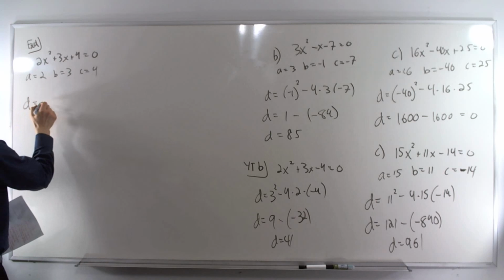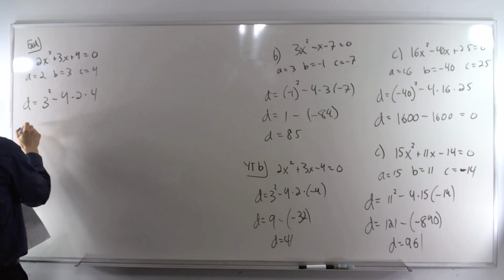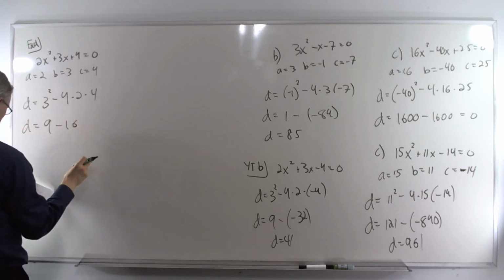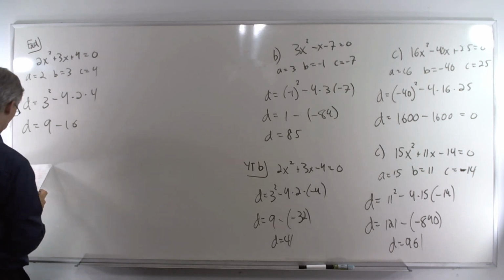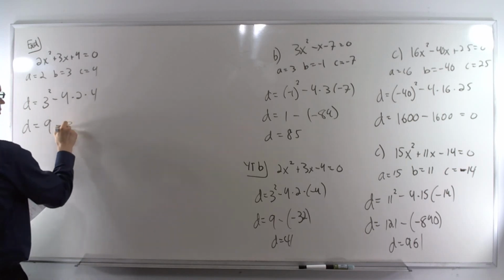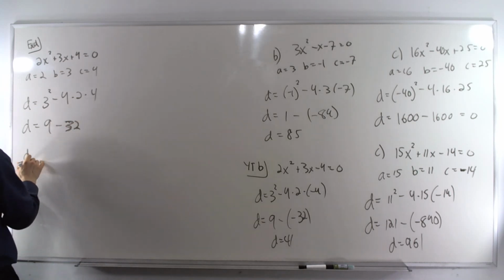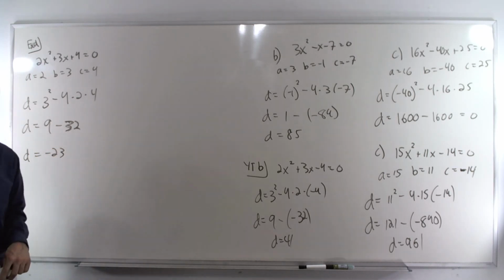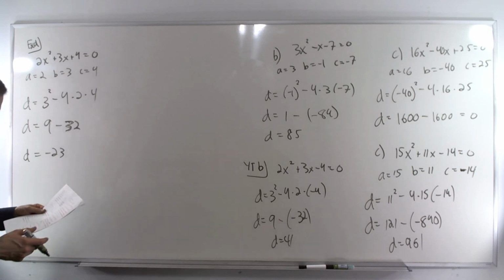So discriminant, we got 3 squared minus 4 times A times C. 4 times 8, 32. There we go. Okay, 9 minus 32. D is negative 23. We've got a negative discriminant. Therefore, we have two complex solutions, and we have to use the quadratic formula.